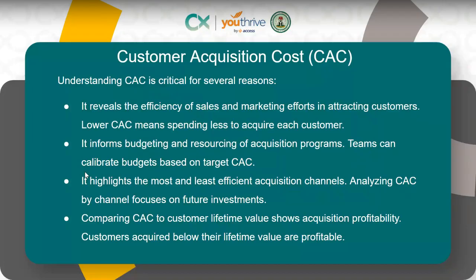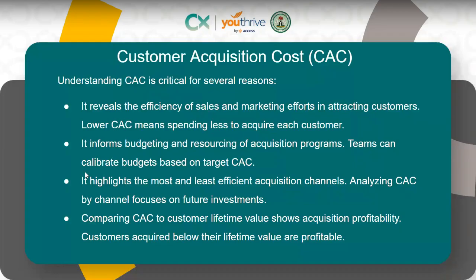So this also helps you determine how much you want to set your budget based on your profits within that month. You want to determine whether there needs to be an increase in your ad spend.